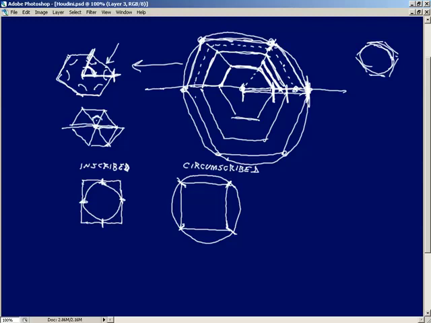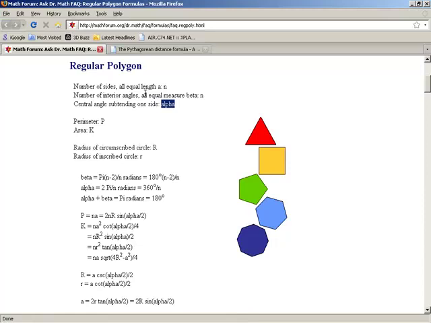Very easy to calculate this. Alpha is basically equal to, and once again back over to the formula, coming down further, so here we are, alpha is equal to 2 pi over n radians, which is equal to 360 degrees over n. What's n? How many of these sides do we have?